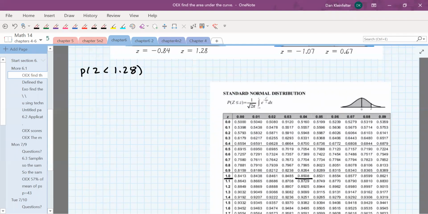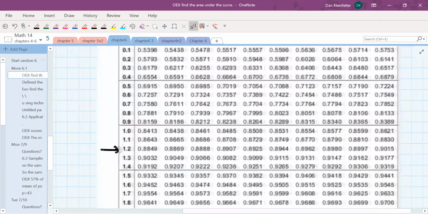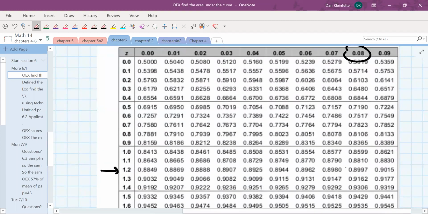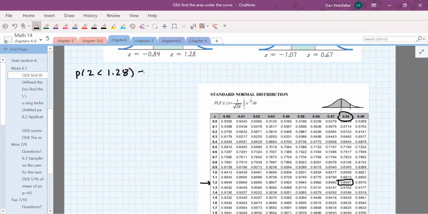Getting that out of the table, 1.2 is here, and then the hundredths place 8, 0.8997.